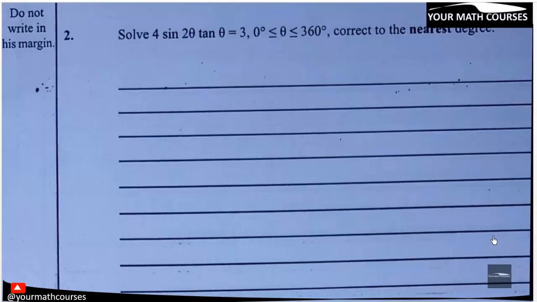Solve for theta: 4 sine 2 theta tan theta is equal to 3, for this particular range. So how do we go about that? The given equation is 4 sine 2 theta tan theta is equal to 3. So you can divide through by 4.